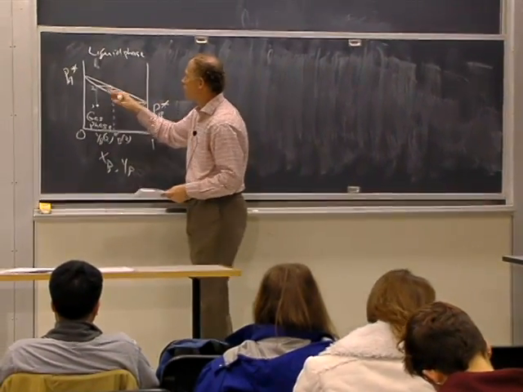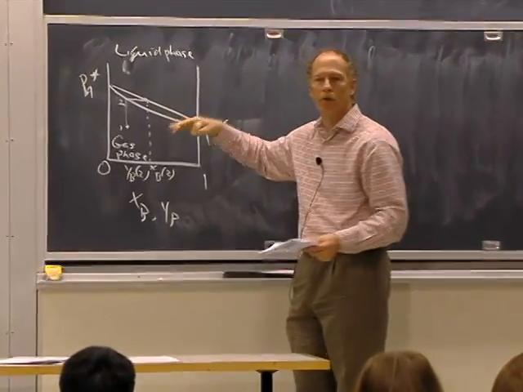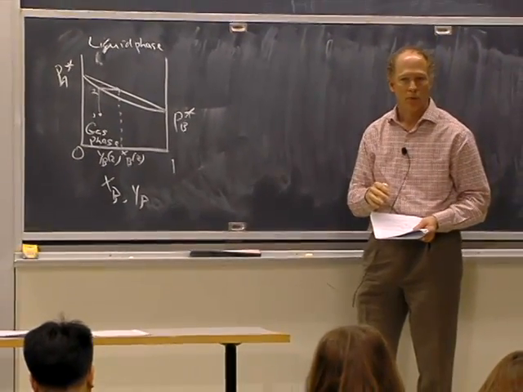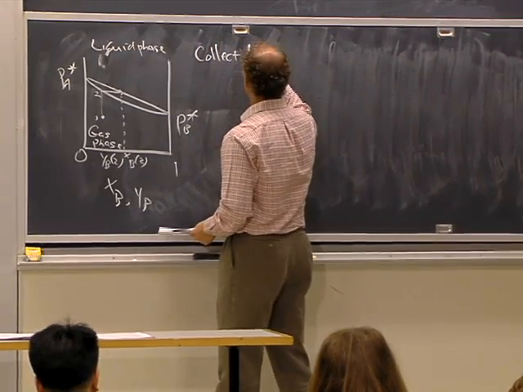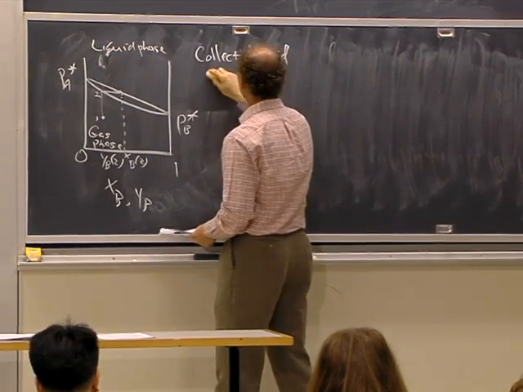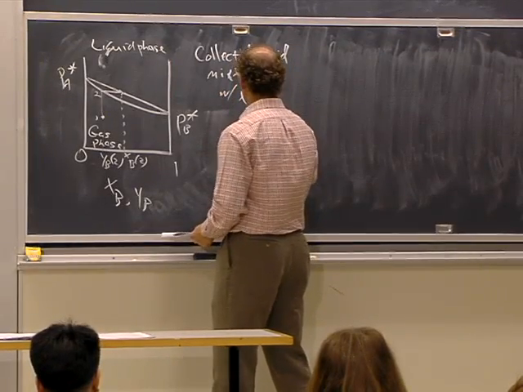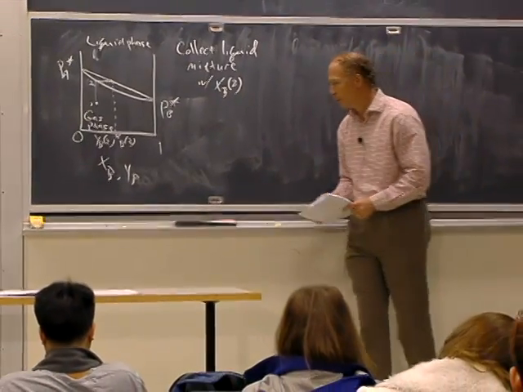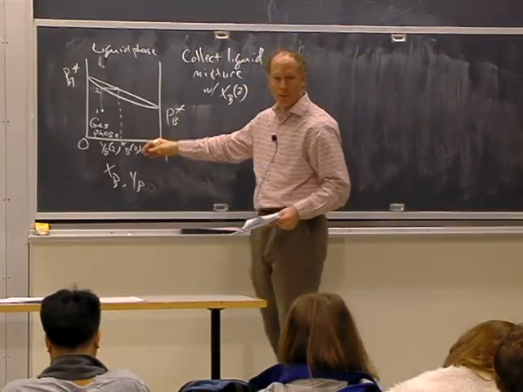Once you've done this, well, now you've got some liquid, right? Now you could collect that liquid in a separate vessel, right? So let's collect the liquid mixture with XB of 2, right? So it's got some mole fraction of B. So we've purified that, right? Now we're going to start, we've got pure liquid.